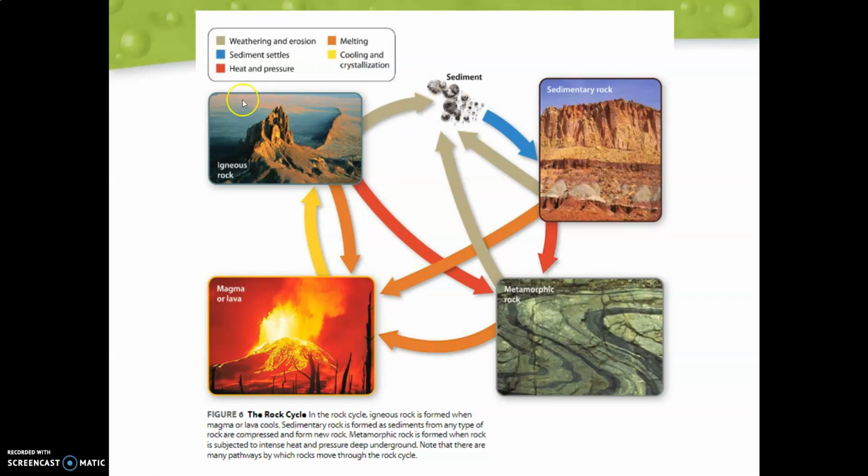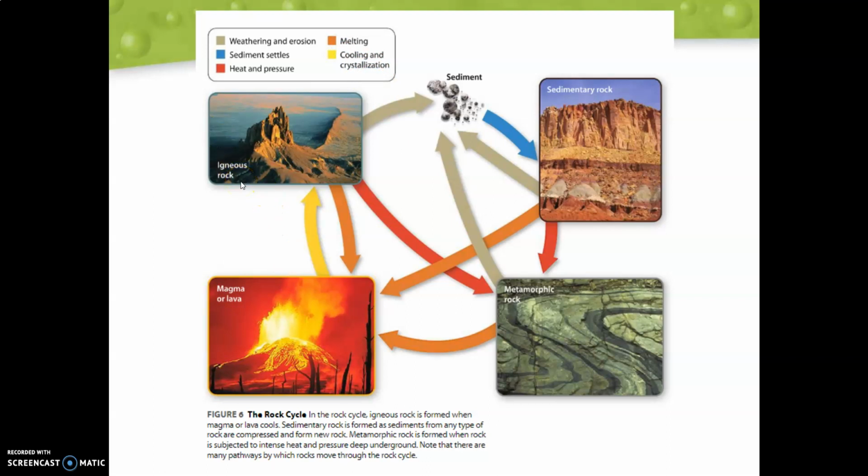And then we have a solitary blue arrow here. Sediment is those tiny particles, and once they settle out, they become sedimentary rock. And then we have this yellow arrow, cooling and crystallization. After magma or lava cools, it becomes igneous rock.